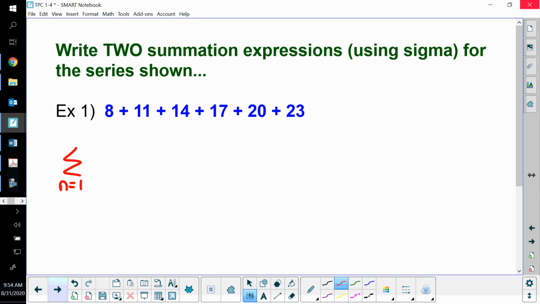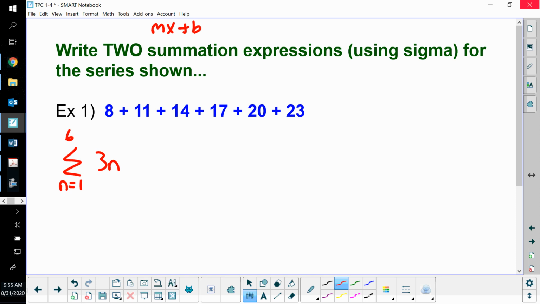Well, let's see, this is going to be the first, second, third, fourth, fifth, and sixth, so that would mean that has to be a 6 on top. Well, what we want to do next is notice the pattern. The pattern is going up by 3 each time. So think of that as like a slope, like a y equals mx plus b, where 3 would be our slope.